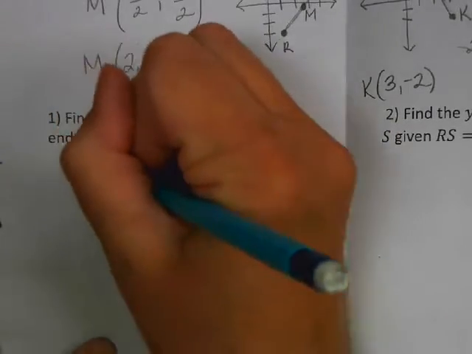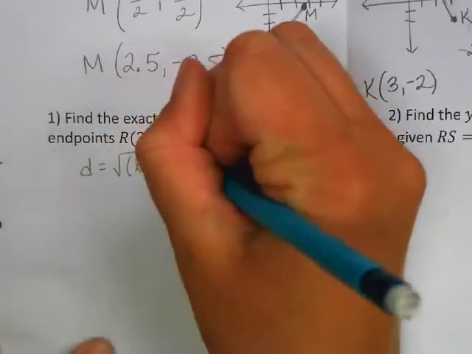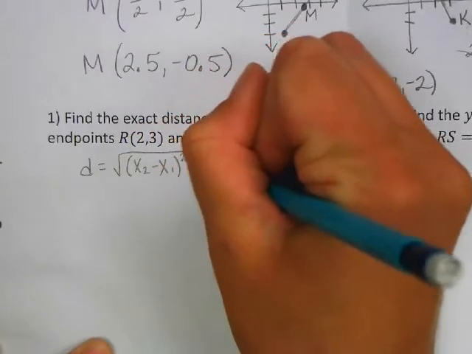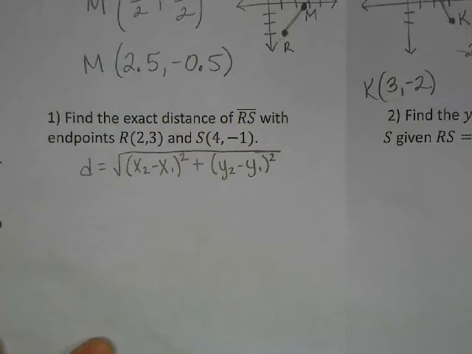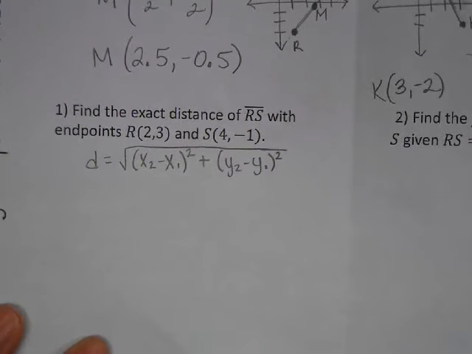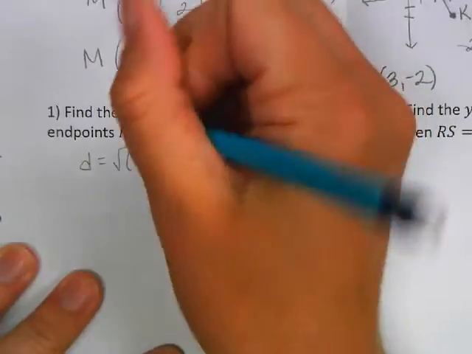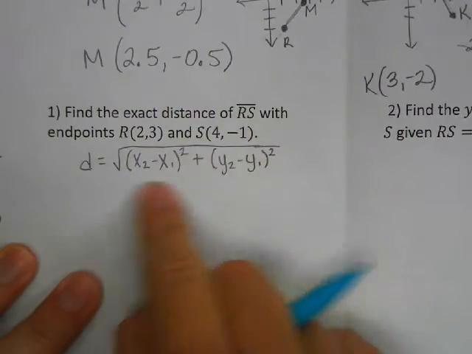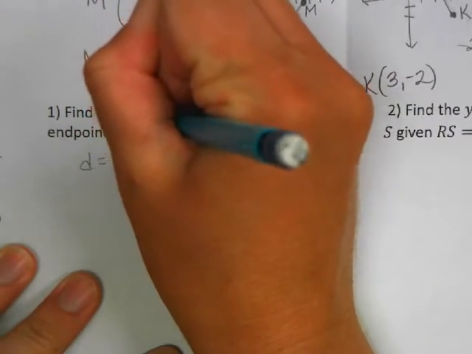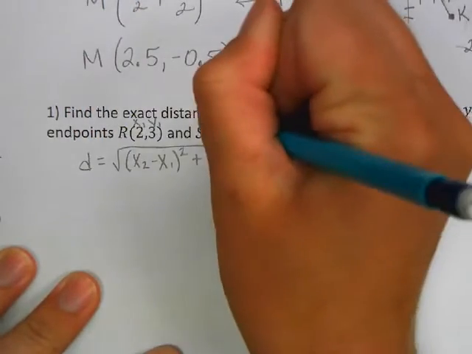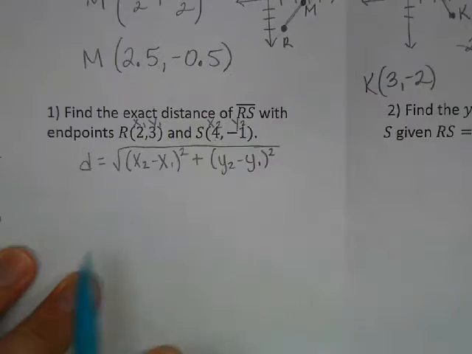So the distance equals the square root of (x2 minus x1) squared plus (y2 minus y1) squared, and that's all under the radical. You are given two endpoints and we want to know the distance between them. So we could say 2, 3 is your x1, y1, and 4, negative 1 is x2, y2. And then you can substitute in.